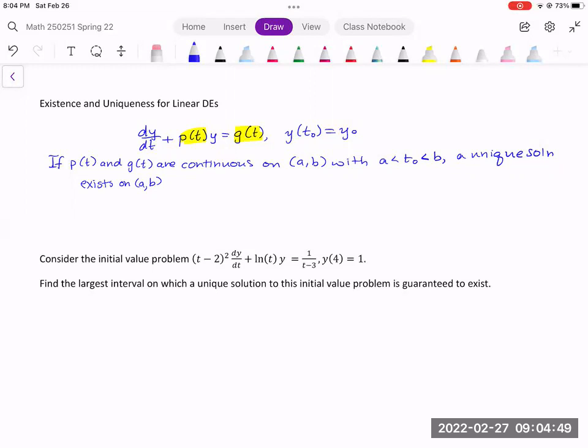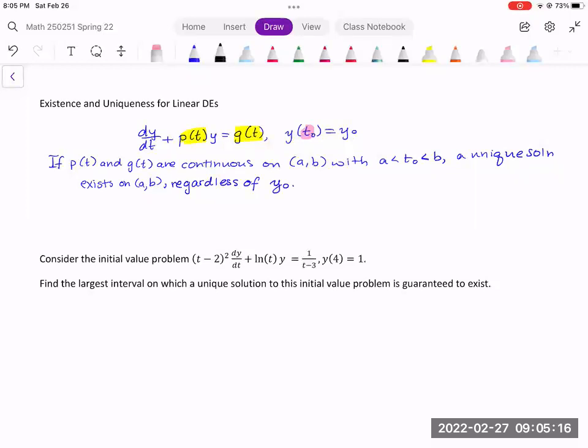So as long as p(t) and g(t) are continuous and the interval that we're looking at contains our initial time, then we're guaranteed a unique solution to this problem throughout a to b. And we don't need to think about y_0's value at all.